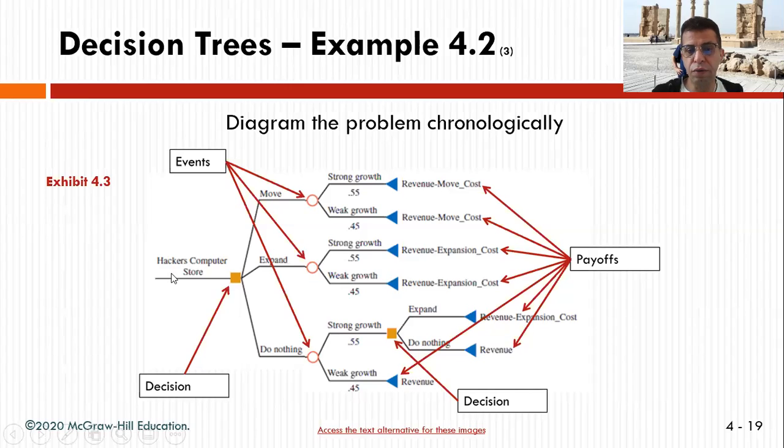But here, when you do nothing, then suddenly in the first year, if you make a low growth, you stay with 45%. And if you make a big growth, 55%, then the decision is whether you expand or do nothing. And it seems to me that the decision comes in here and the choice is here.